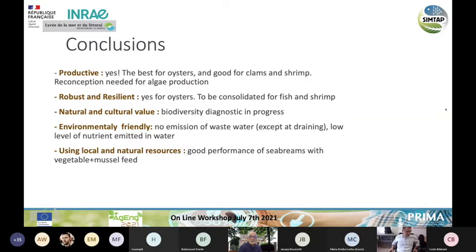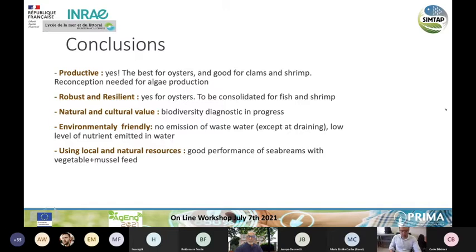About robustness and resilience, yes, it was the case for oysters, but as you see, it has to be consolidated for fish and shrimp. For the natural and cultural value, we made samples for a biodiversity diagnostic that is in progress actually. And considering environmentally friendly, there was almost no emission of water during the production, and there was a very low level of nutrient emitted in water.